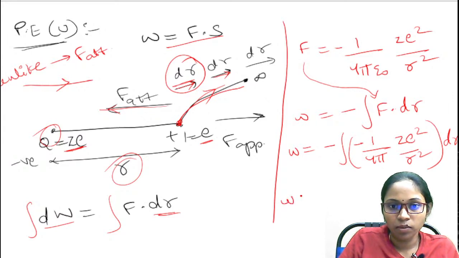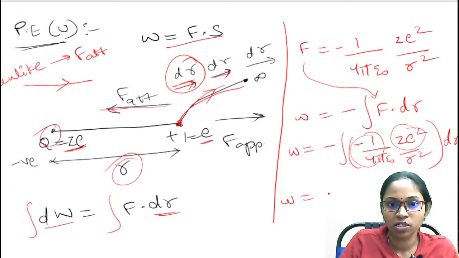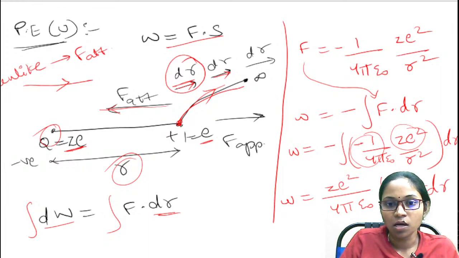Therefore work done will be equal to 1 by 4 pi epsilon naught is common, Ze square is common, minus into minus is plus. Therefore Ze square by 4 pi epsilon naught integral of dr by r square, and the limits are from r to infinity.